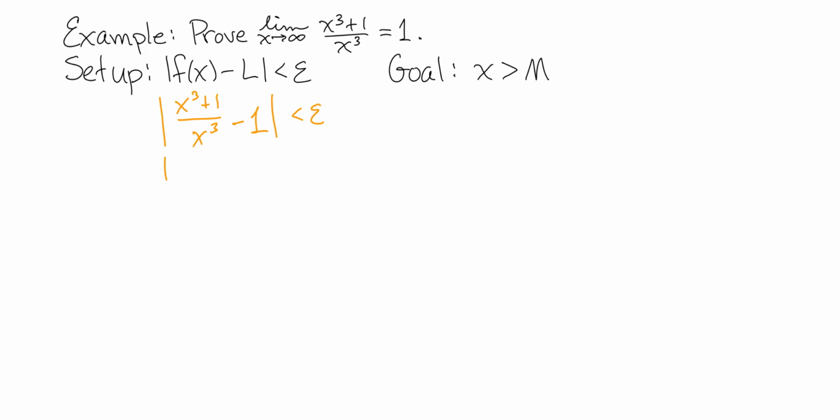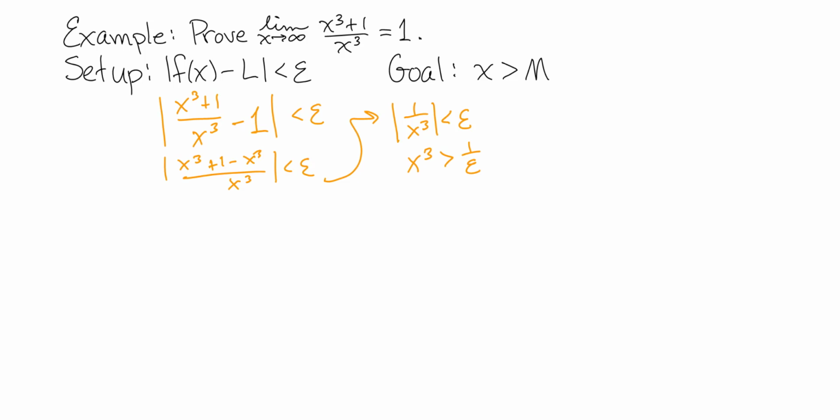So there's a couple different ways we could simplify this. I'll just do a common denominator. (x cubed plus 1 minus x cubed) over x cubed is less than epsilon. And so that becomes the absolute value of 1 over x cubed is less than epsilon, which we can do the reciprocal of: x cubed is greater than 1 over epsilon.